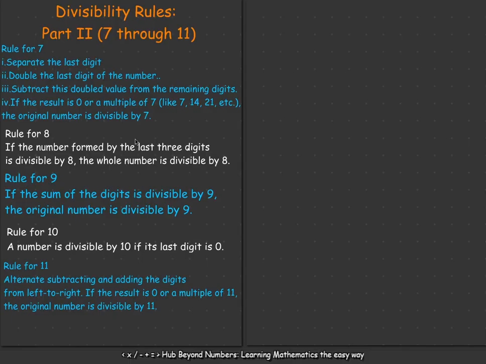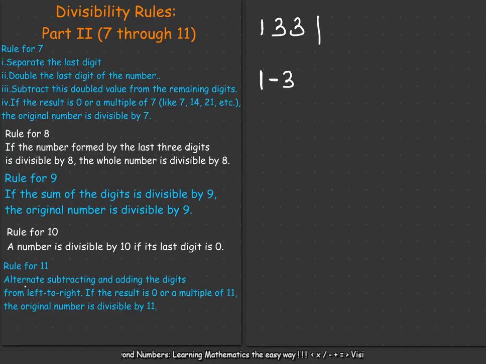What does this mean? So let's take a number, and I'll take the number 1331. So what the alternating subtraction and then addition simply means is, if I take my first one, 1, and then I choose to subtract 3, then my next operation should be addition.